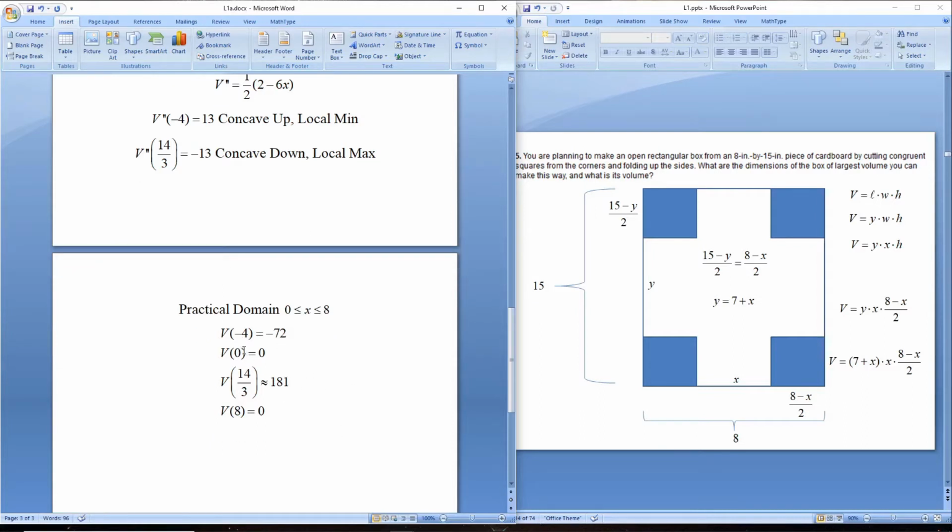Now, as you expect, if you plug 0 into the function, you get 0. So if x is 0, that means you're cutting everything up, so there's no volume of a box. And if x is 8, that means it extends all the way to the ends, and so you're cutting nothing. There's no flaps to fold up then. And now you can see 14/3 is our maximum. It's our global extrema within this practical domain.